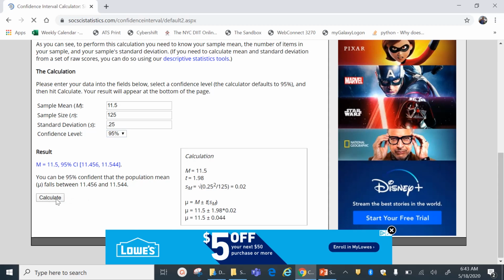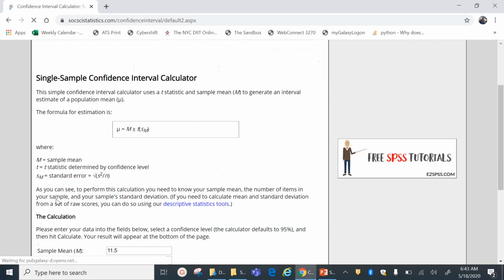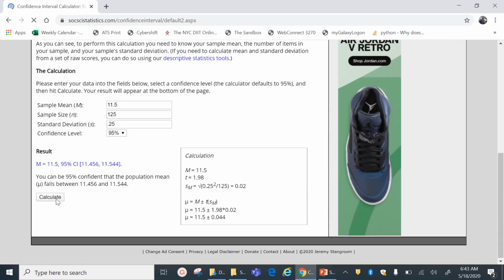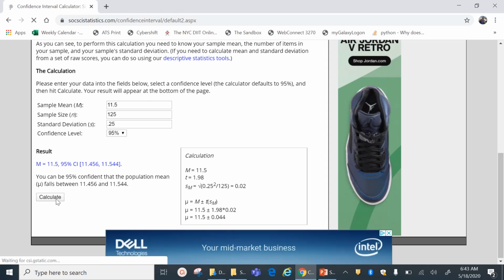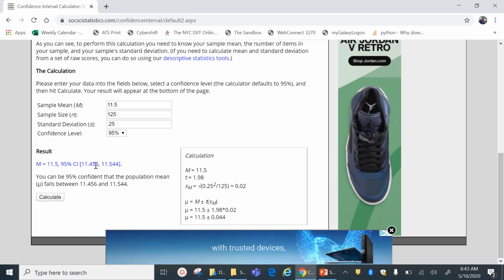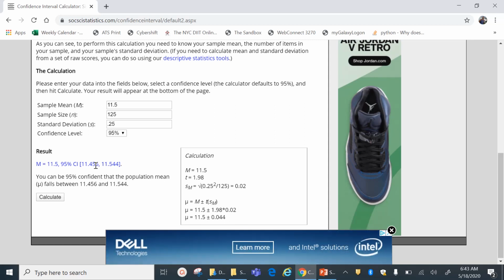You hit calculate, wait for the screen to load, and you come down here. Your results will be in blue, and all we care about is this bracket that says 11.456. I'm going to copy the whole thing and round it.